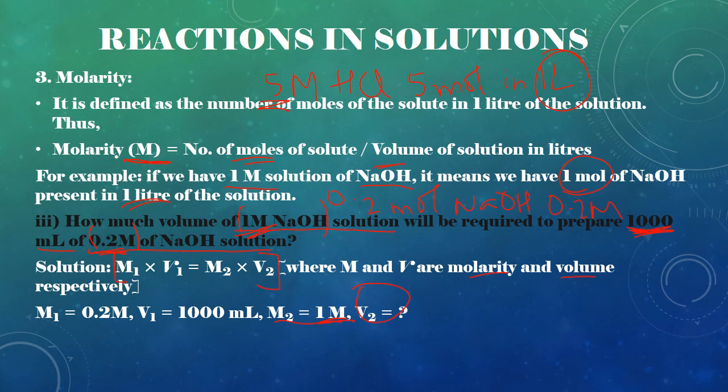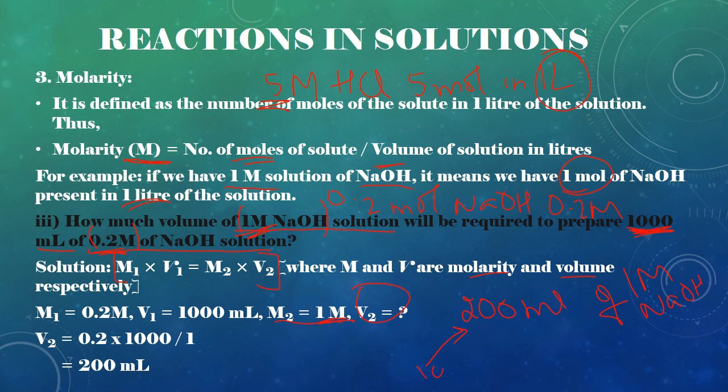So simple cross multiplication, V2 is equal to 0.2 into 1000, and that will be 200 ml. So you need to take 200 ml of 1 molar NaOH solution and dilute it so that it becomes 1000 ml. That means you are ending up with 0.2 molar NaOH solution.